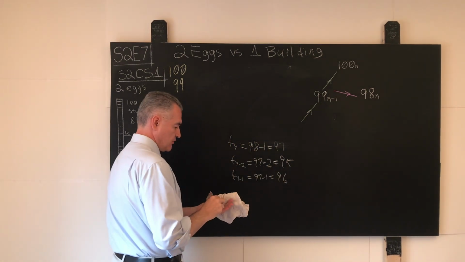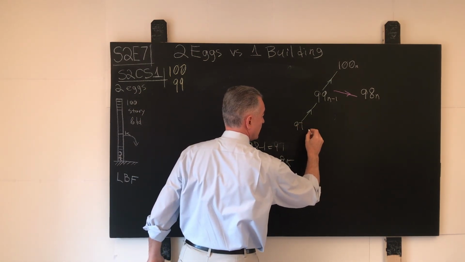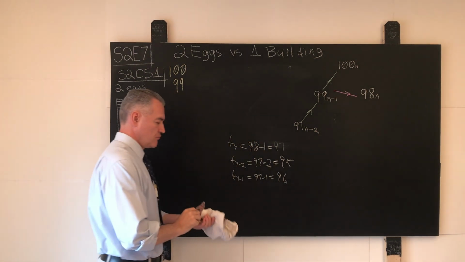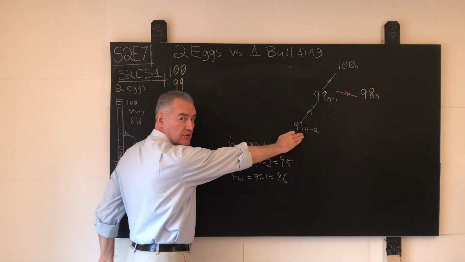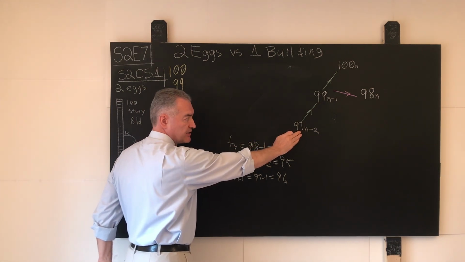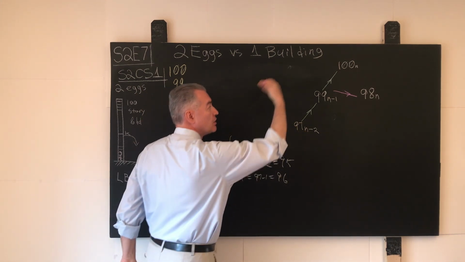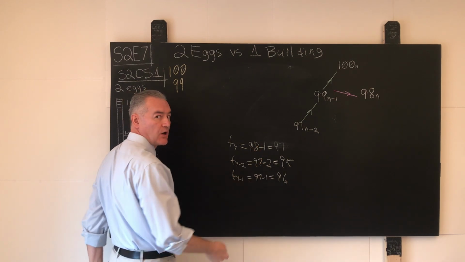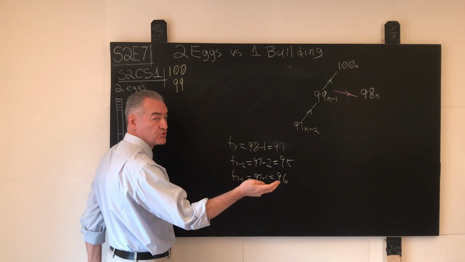We came here from the floor number 97, where we executed the drop number n-2. And then if the drop number n-2 from the floor number 97 is good and the first egg did not break, we climb up to the floor number 99, and in how many? In 2 drops, the drop n-1 and the drop n.